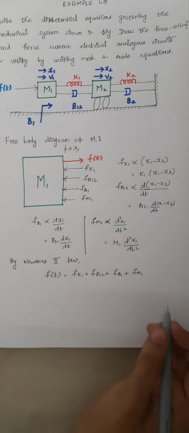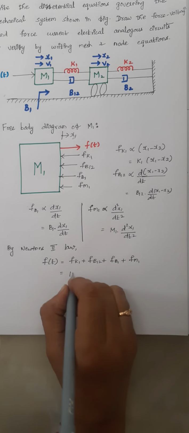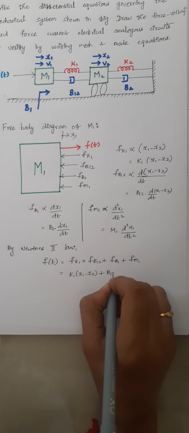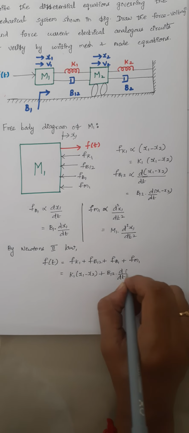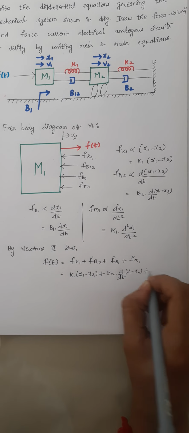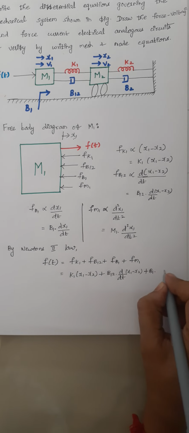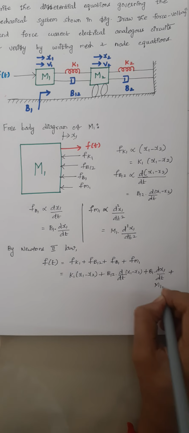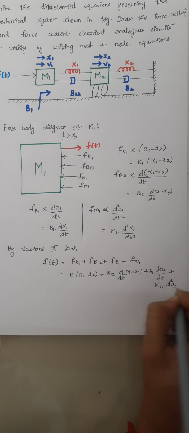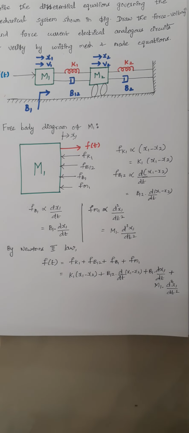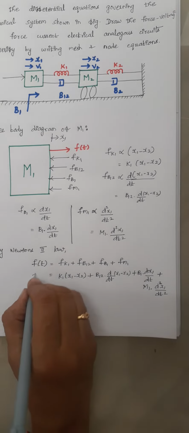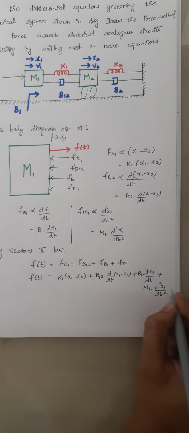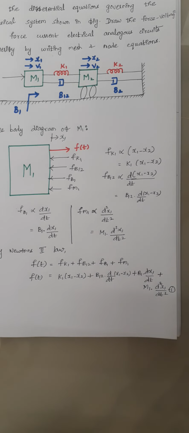Writing the respective expressions, we get K1 into x1 minus x2, plus B12 into d by dt of x1 minus x2, plus B1 into dx1 by dt, and the last term is m1 into d square x1 by dt square. This is the first differential equation, so name it equation number 1.